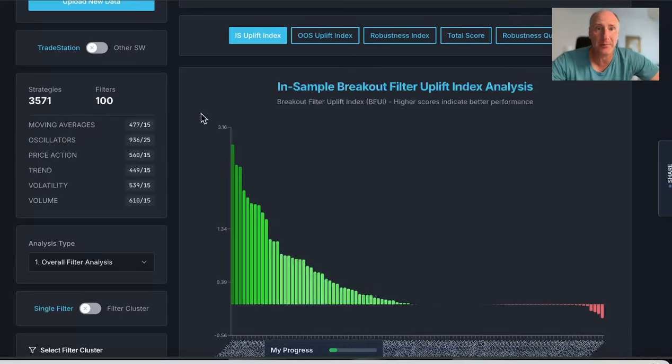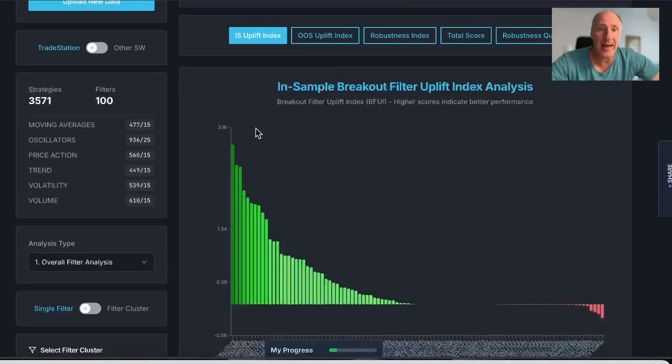And for the improvement measurement, BreakoutOS uses its own proprietary Uplift index. An Uplift index basically is how much your strategy improves overall in terms of many different metrics once you apply the filter on the core strategy without any filter.